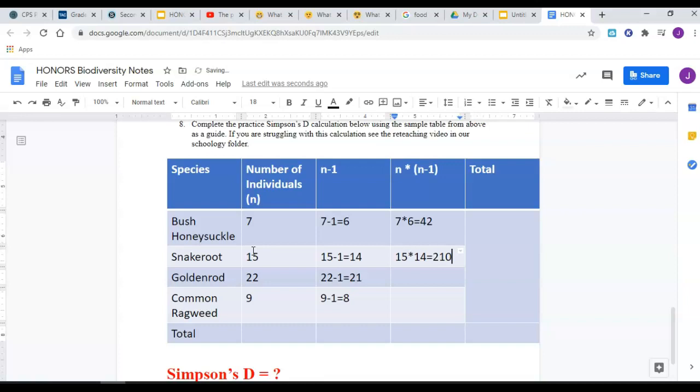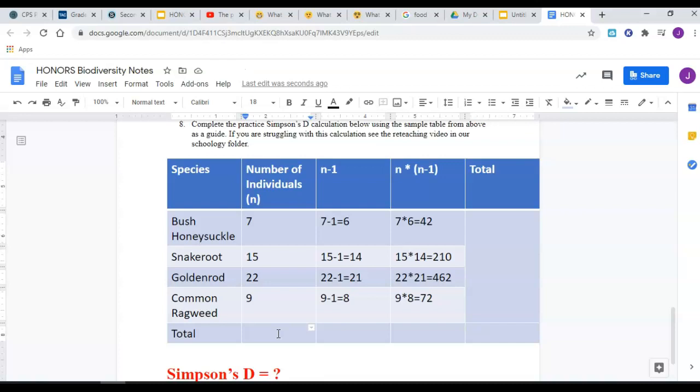That's 210. 22 times 21, 462. And then 9 times 8, which is 72.